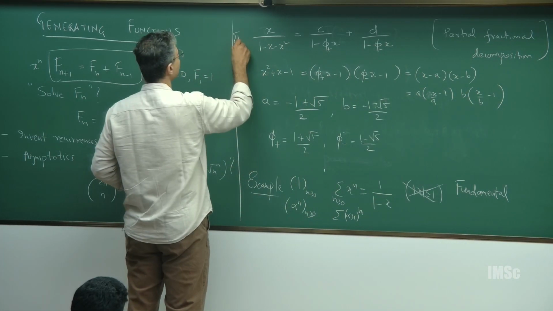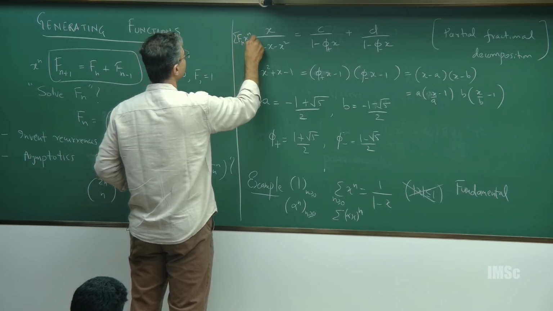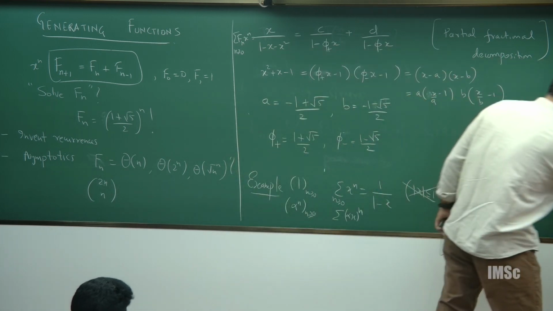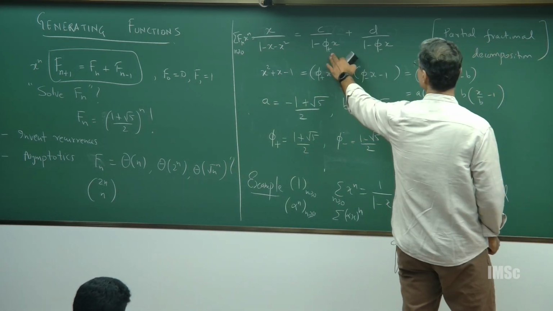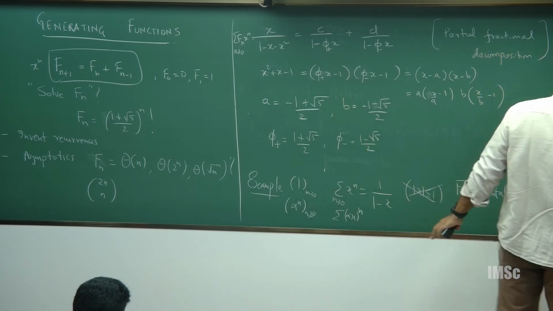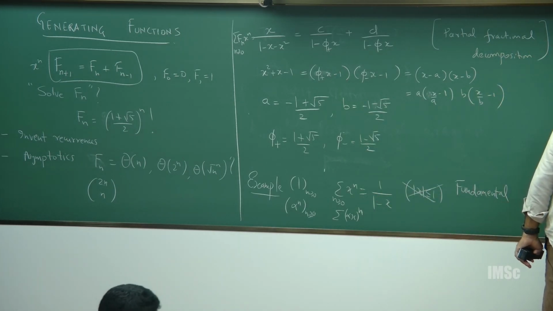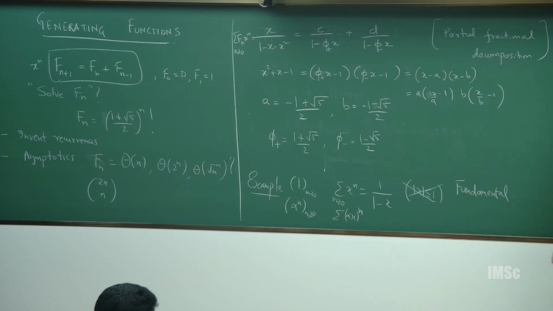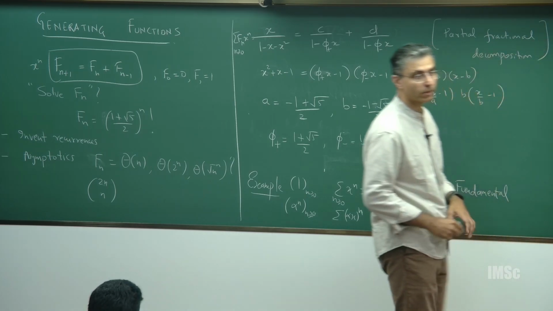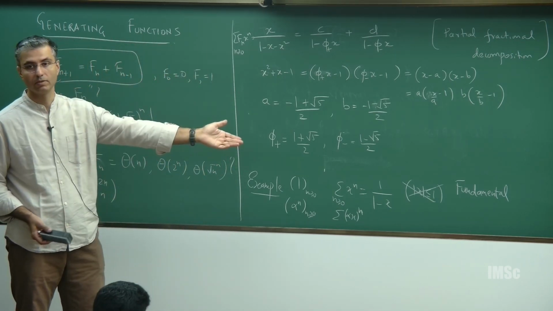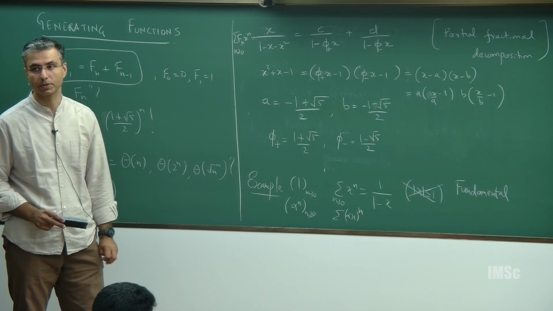So, this is summation of f n x raised to n. Okay, so, on the left side we have the nth Fibonacci number, the right side, using this fact, is c times phi plus raised to n plus d times phi minus raised to n. Okay. So, if we knew c and d, we have our formula for the nth Fibonacci number.